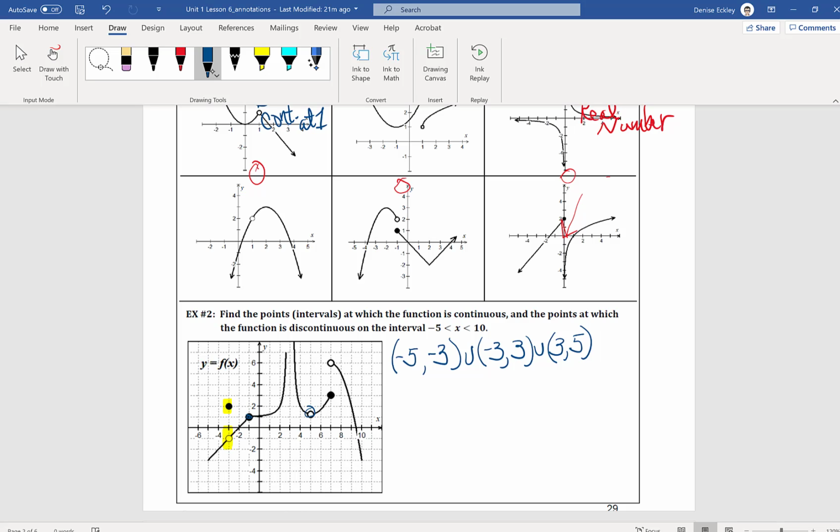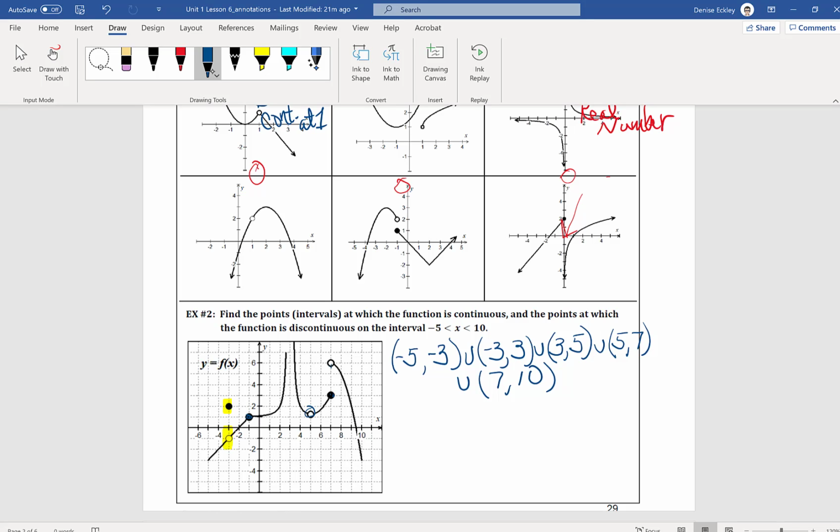And then it's continuous from 5 to 7, and again there's a jump at 7. And then from 7 to 10, it's continuous, because we're just going to 10. I forgot the interval stops at 10.